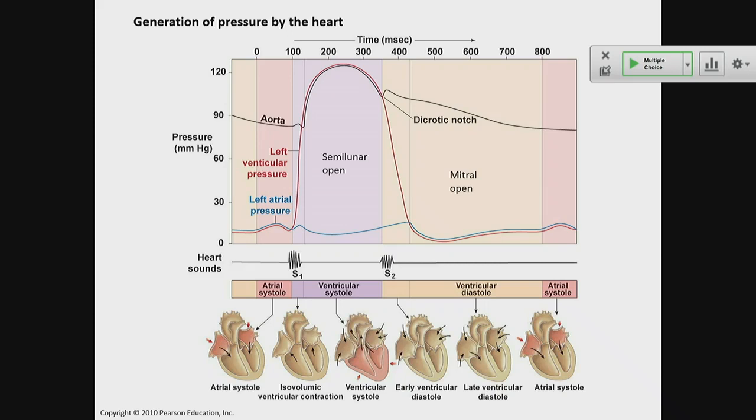So now the valve closes, but there's no blood going out this end yet. Why is there no blood going out this end? Because in order for blood to go out, you need to have at least the same pressure as the aorta, okay? So you have a phase where both valves are closed. Now when both valves are closed, blood can obviously not enter or leave the ventricle. It's shut on both sides. So the volume inside the ventricle is constant.